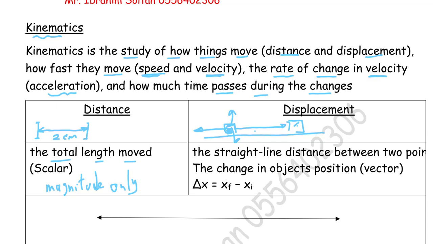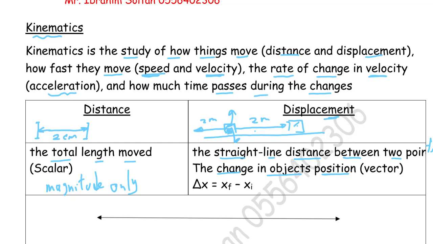So I can move this box 2 meters right or 2 meters left, up or down. So displacement has direction. It is also a length. We define it as a straight line distance between 2 points, the change in the object's position.